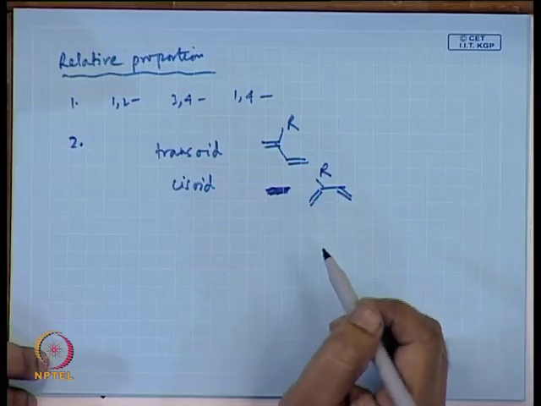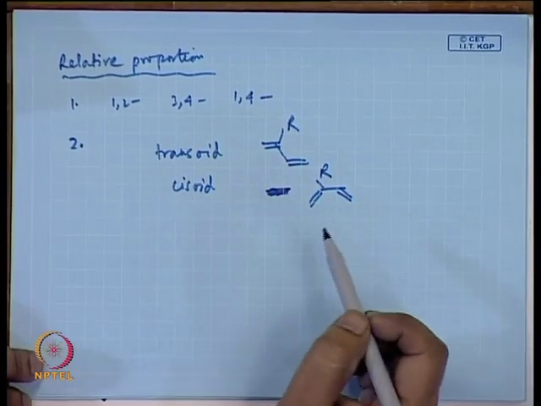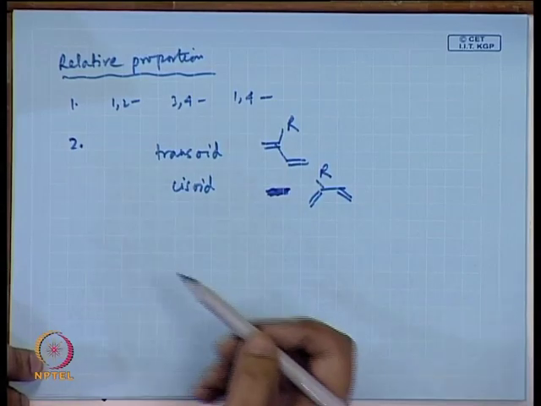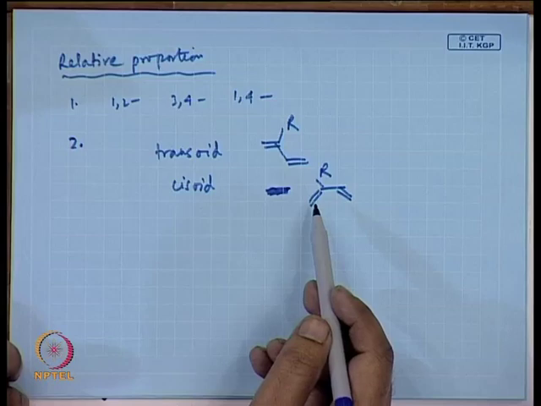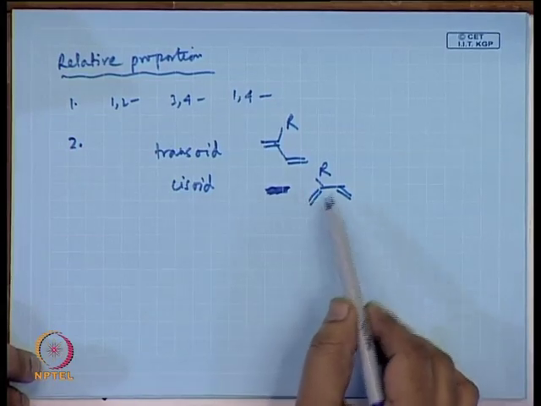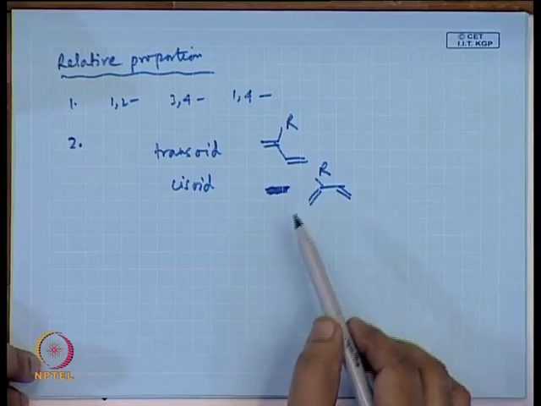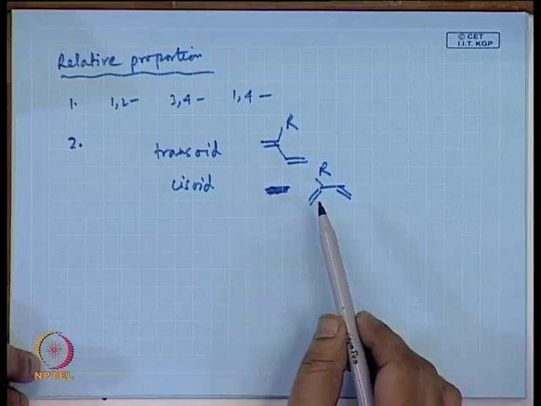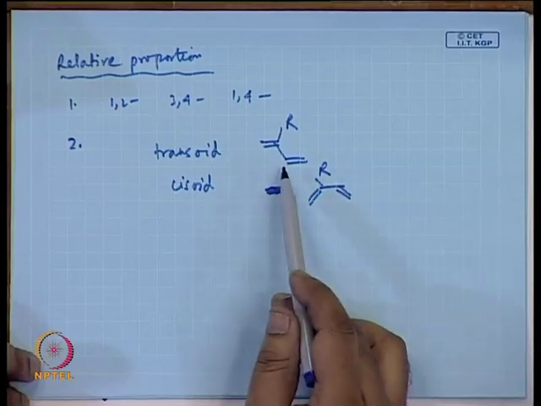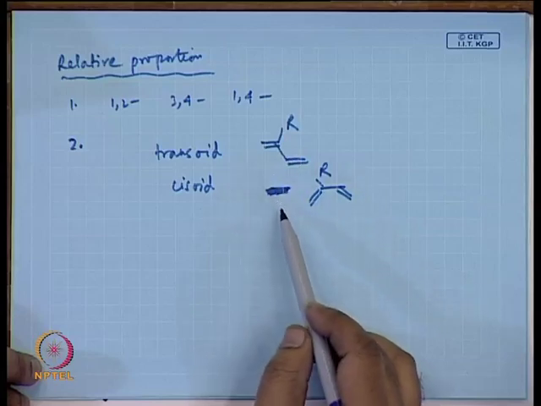Now, the configuration of the polymer chain will be determined by the conformation of the monomer which is getting added, and between these two the transoid structure is a much more stable structure compared to a cisoid structure.